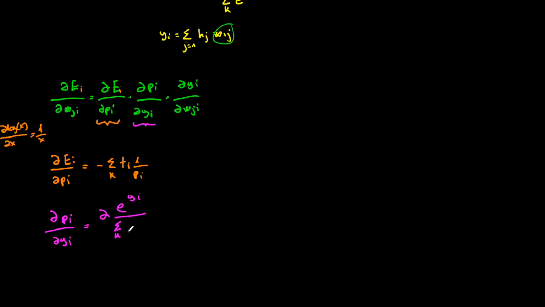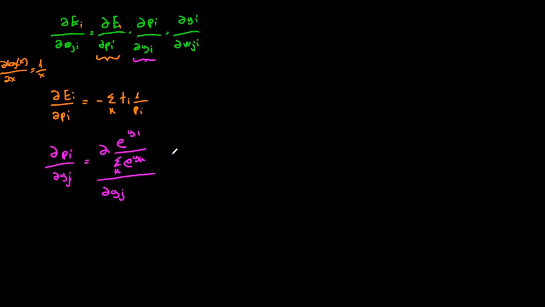I'm just writing the softmax activation function, e to the power y sub k, with respect to y sub I. Here we have a problem with the indexes, so I'm going to replace this y by j, so there's no confusion among them. What happens here? As we know, this y and this j may reference the same element or not. So we're going to do two cases here.